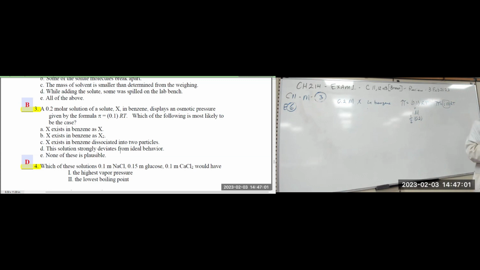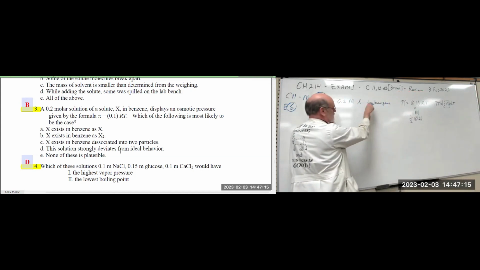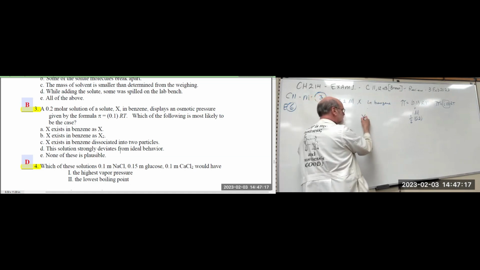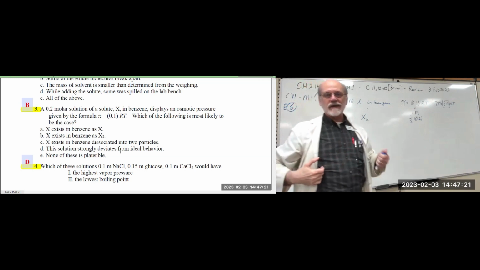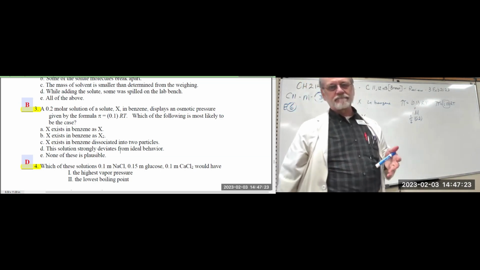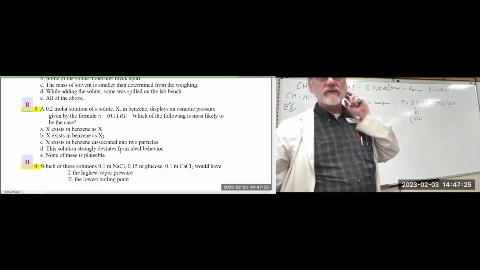So if i is 1/2, it doesn't mean that the molecule is breaking apart. X isn't breaking apart. It's actually clumping together. So when you put it in solution, instead of X in solution, it's X2. It becomes diatomic. And B is the best answer.